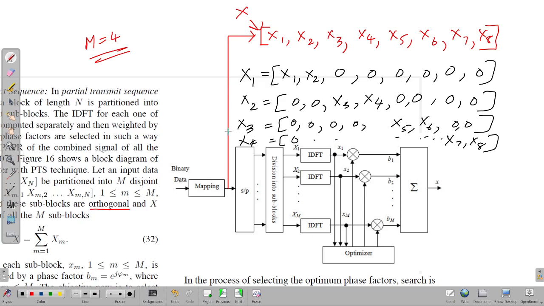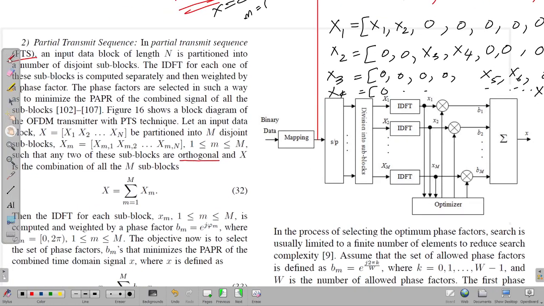And if you add all these sequences, summation of xm where m equals 1 to 4, you are going to get back the original sequence x. So that is shown here in this equation. You add all these subblocks and you get back the original signal x.